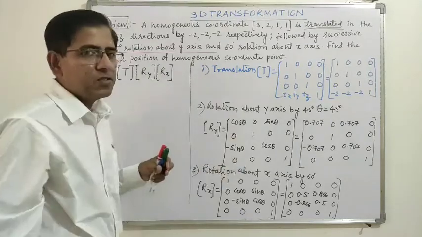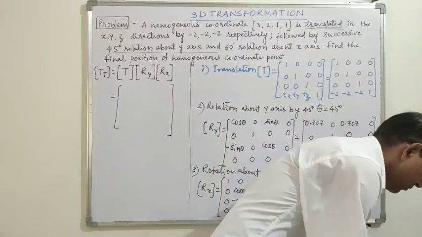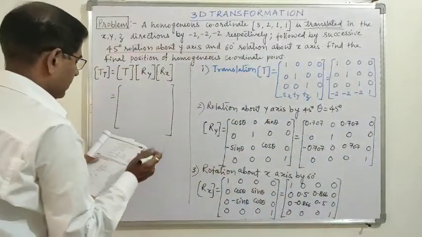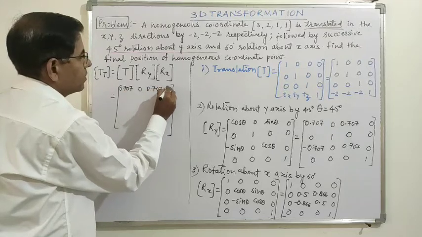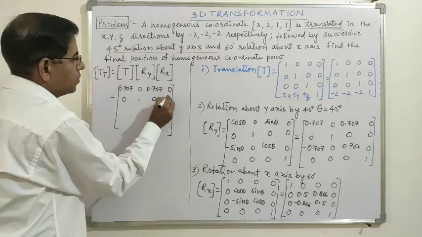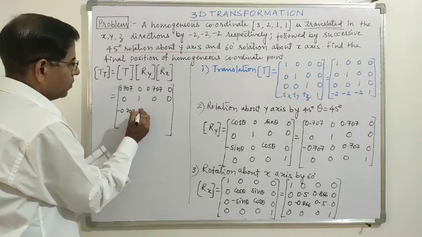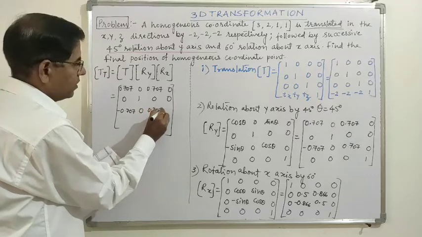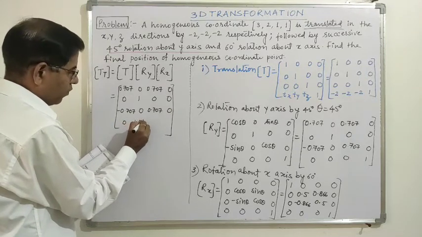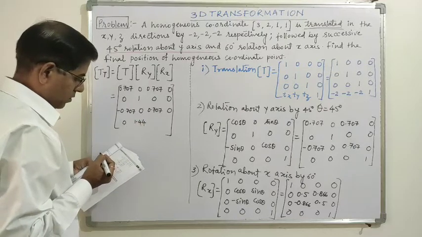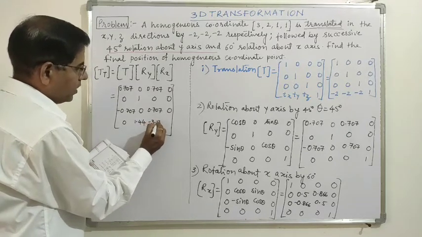So if you multiply these three matrices together, you will get the total transformation matrix as 0.707, 0, 0.707, 0, 0 1 0 0, minus 0.707, 0, 0.707, 0, 0, 0, 1.44, minus 3.131.